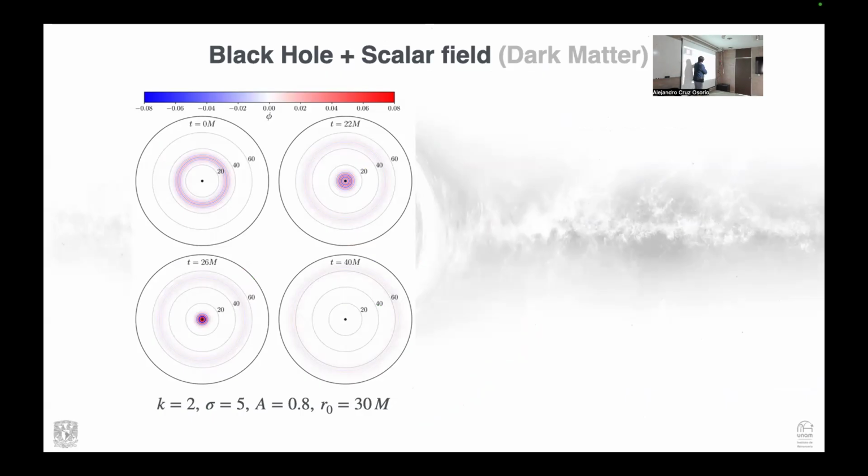We have then different times: this is 22 m, 26, 40, okay? Because we have a wave packet, usually when we have a wave, we have two modes: one moving outside, one moving inside. This is the usual behavior of a wave.